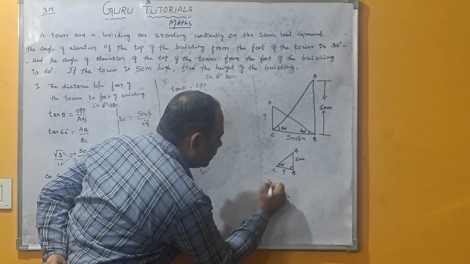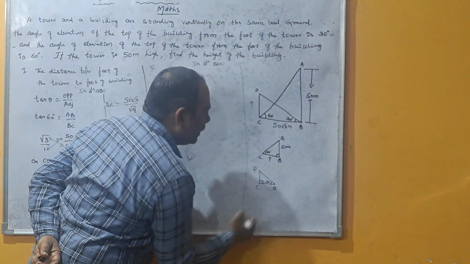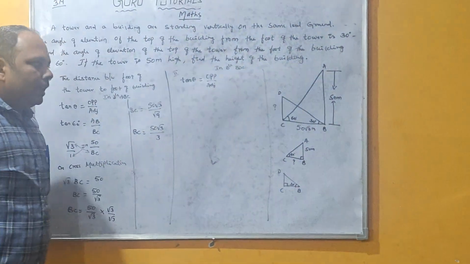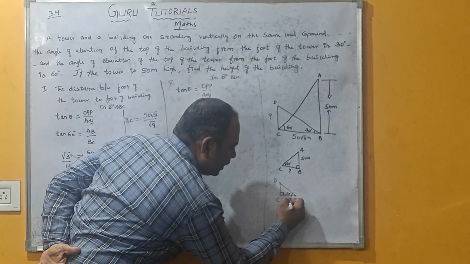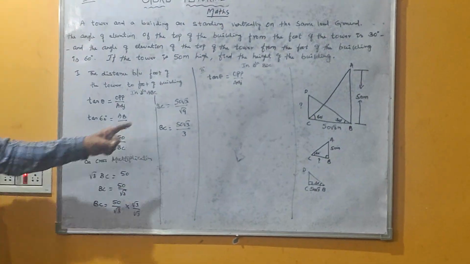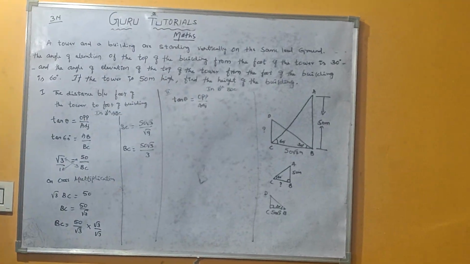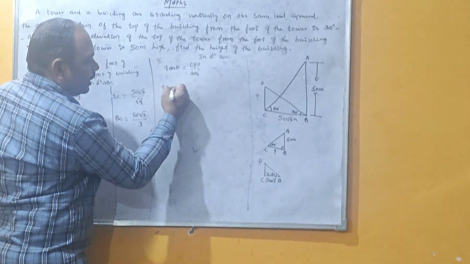This is D, this is C, this is B. At B the angle theta is 30 degrees, and I know BC is 50 root 3. I have to find CD or DC. So we go towards the tan form. The theta value is 30, correct?